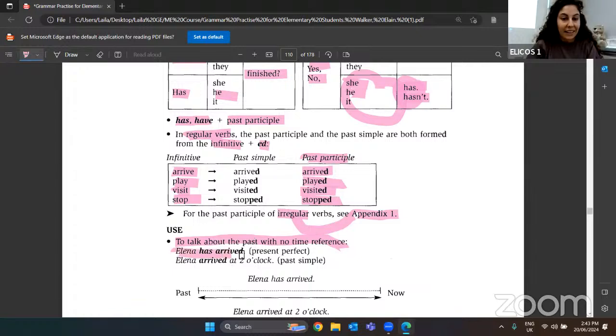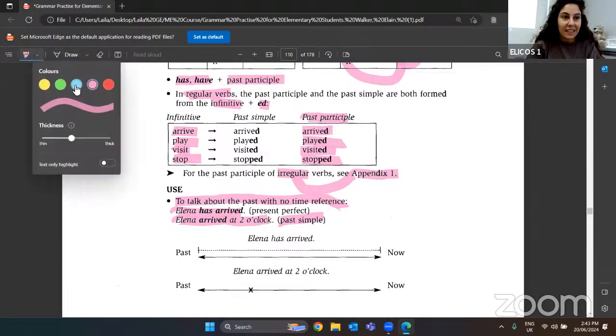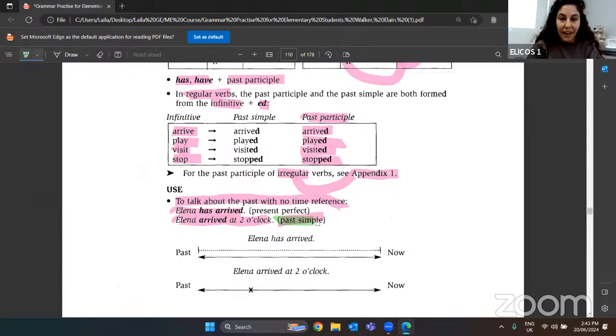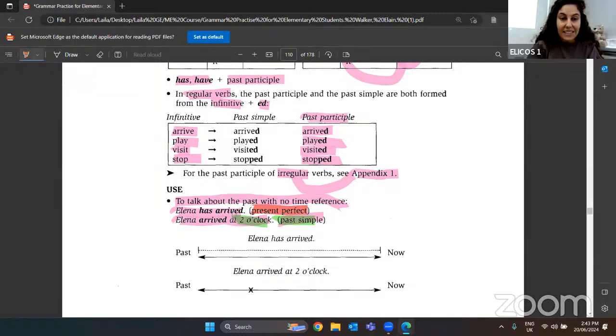Or Elena has arrived. But if I want to compare it to the past simple, which is what we did in a lot of the past lessons, Elena arrived at 2 o'clock. So you can see that in the past simple, I have the time. But in the present perfect, which is what we're doing today, there is no time.